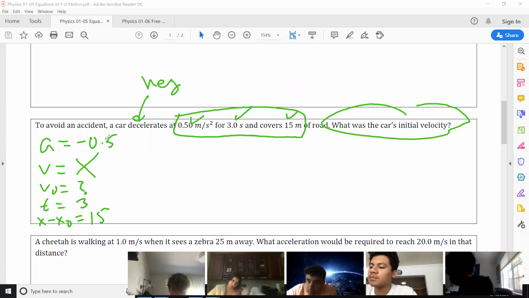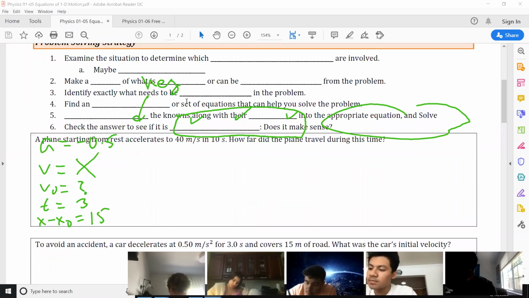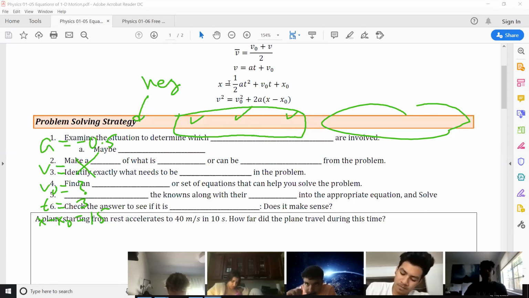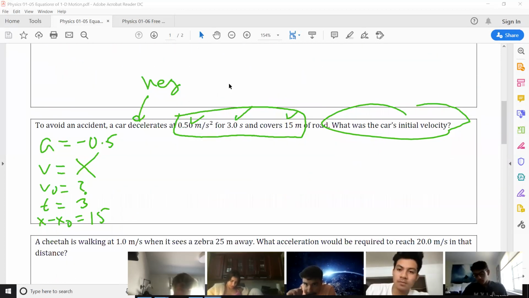Now, let's look at our equations. Which one doesn't involve final velocity? This one has x equals half a t squared plus v0 t plus x0. Yeah. That one does not involve final velocity. I'm going to use that one. So that's the strategy.